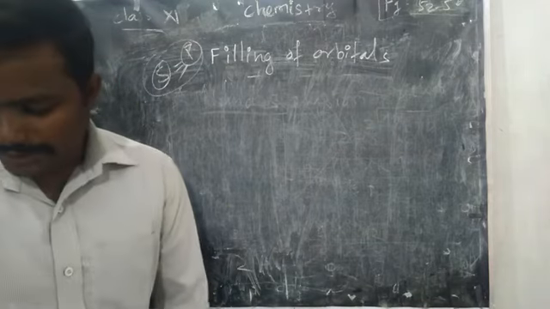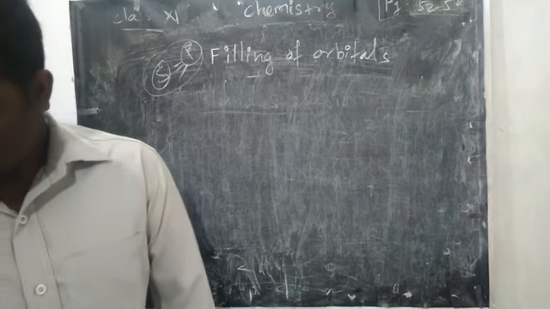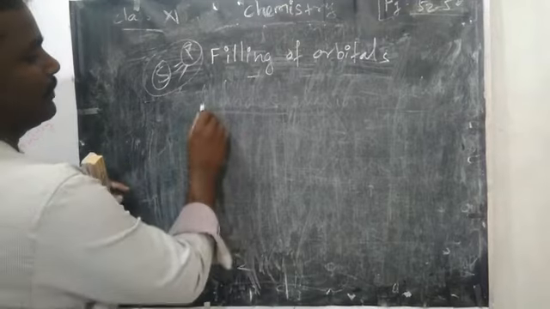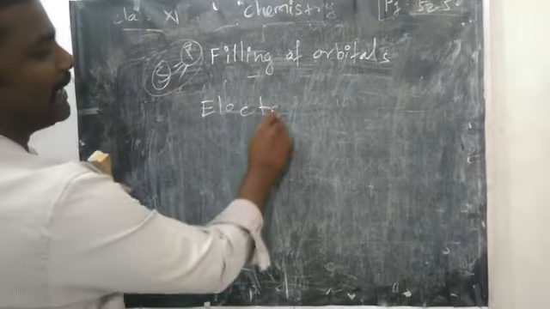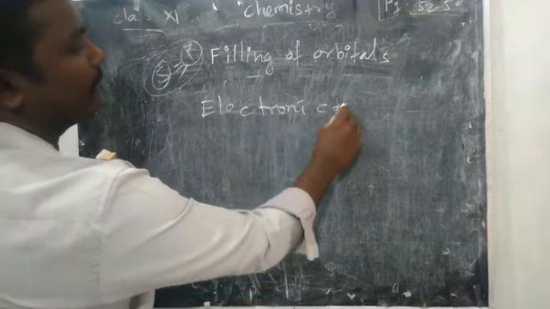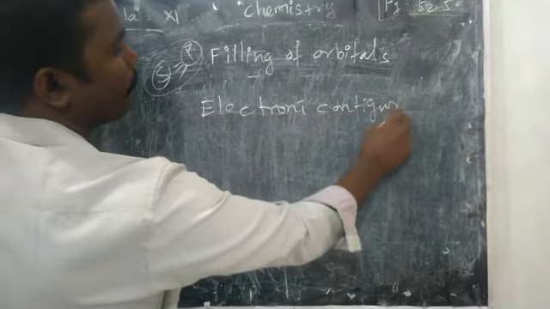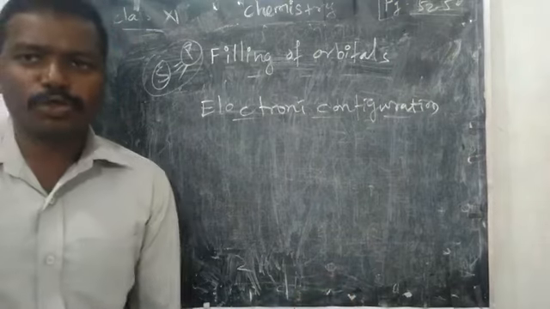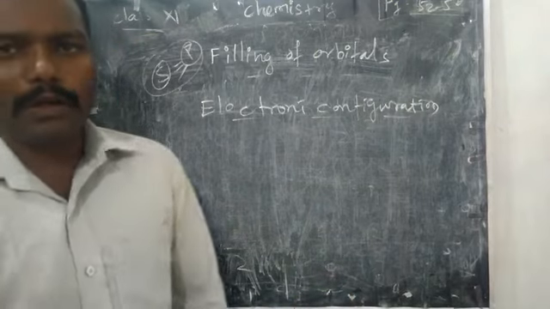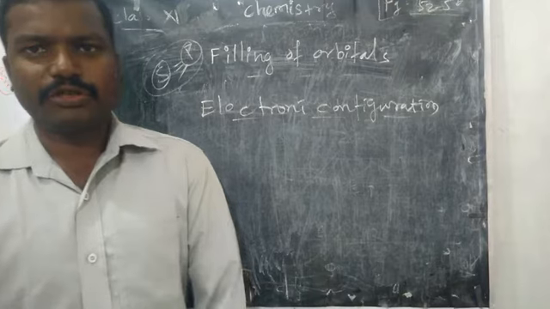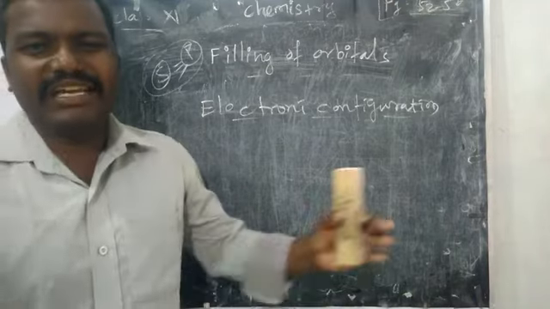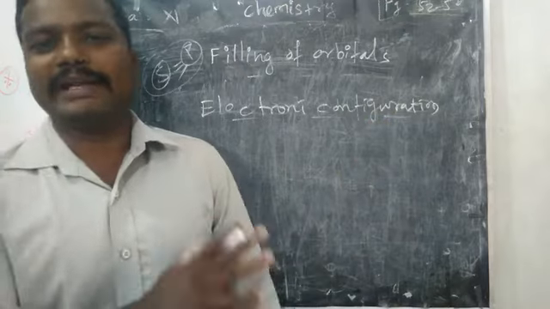Okay, right. The last topic, we are going to study electronic configuration. What do you mean by electronic configuration? See, the electron distribution in the orbitals is called electronic configuration. So we want to learn and write it. For that we need a simplified arrangement.